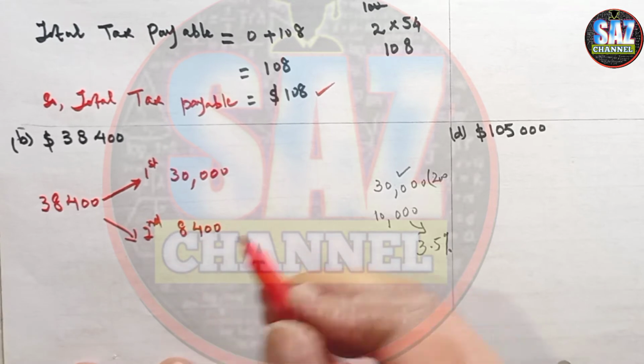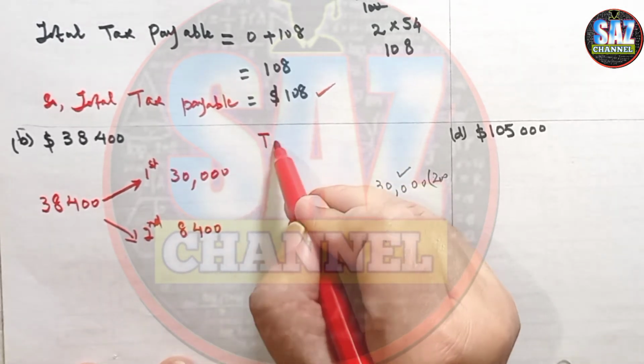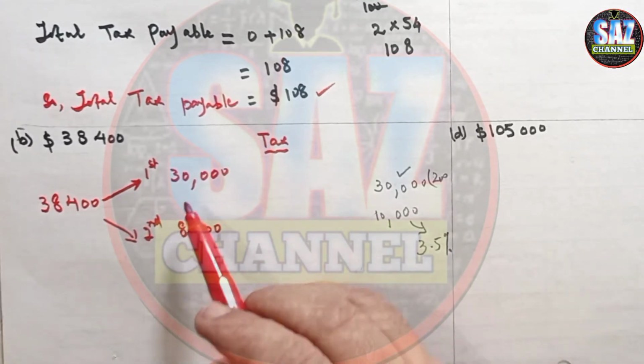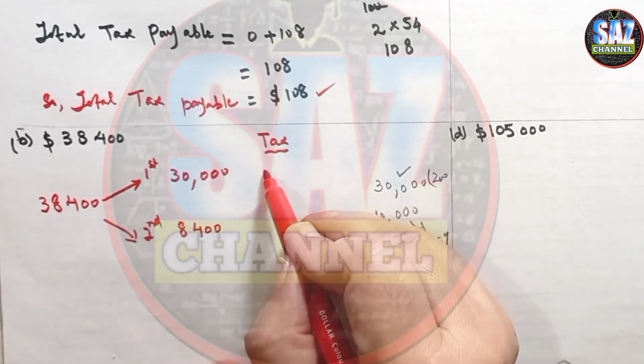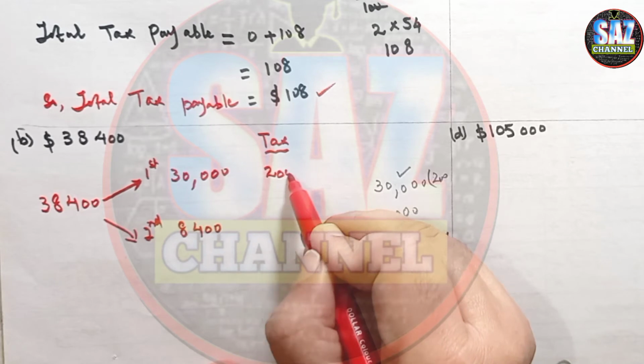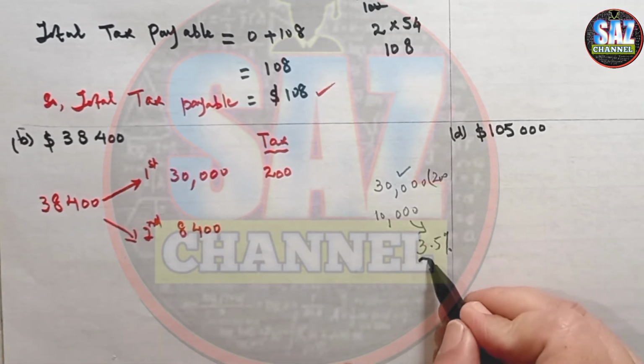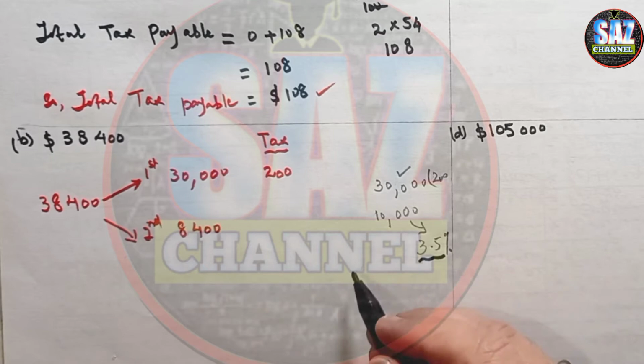Now the amount of tax that I have to pay with reference to table 5.1 on the first 30,000 is $200, and on the next 8,400 I have to pay tax at 3.5%.